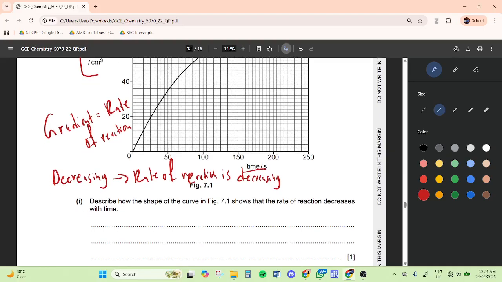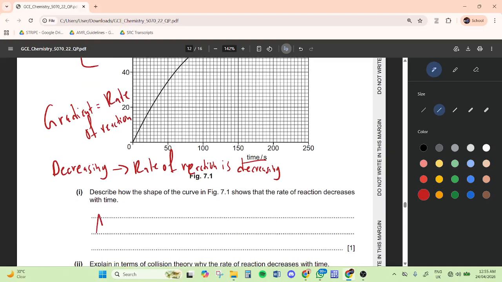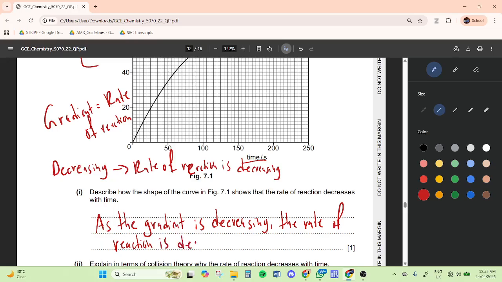So as a result, you're going to write down that as the gradient is decreasing, the rate of reaction is decreasing. I think I spelled decreasing wrong. One sec. Decreasing. There we go.